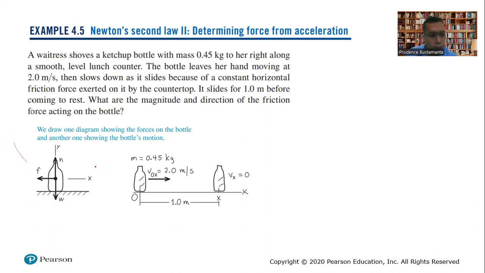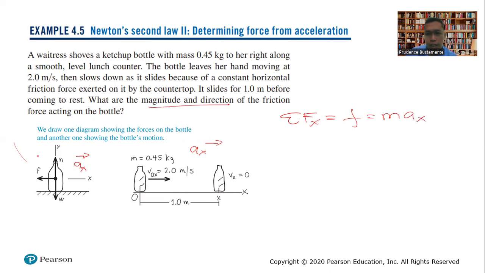We have an acceleration in this direction, and this is the direction of our motion. But there is friction. The summation of all the forces along x is equal to the mass times the acceleration.